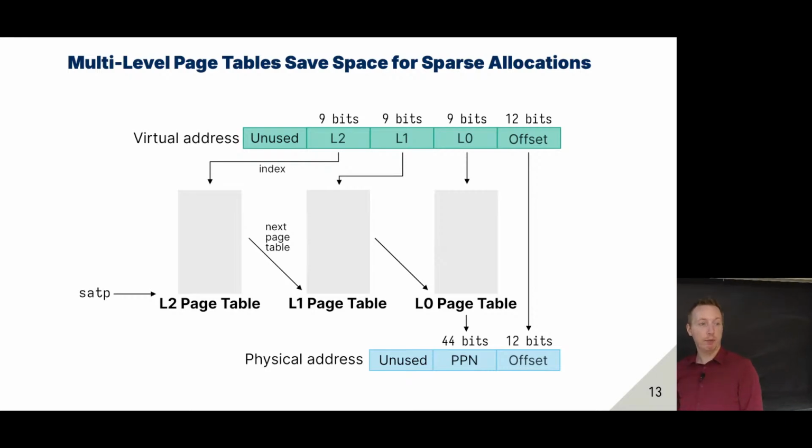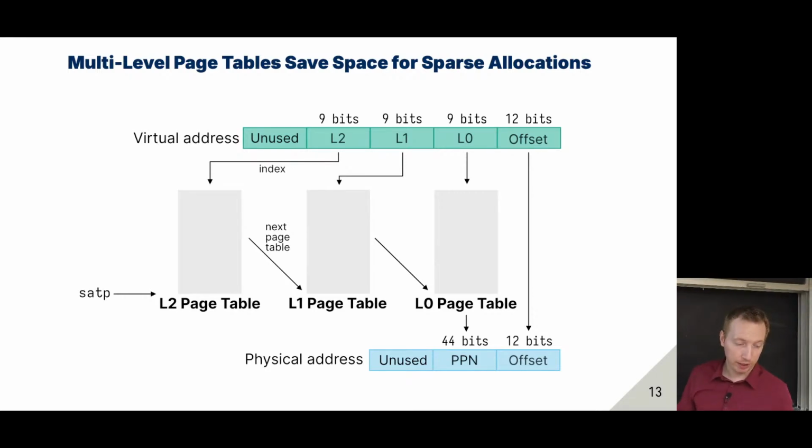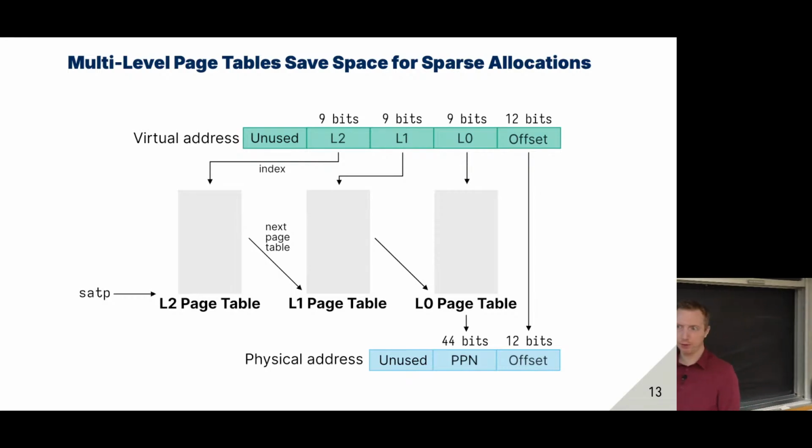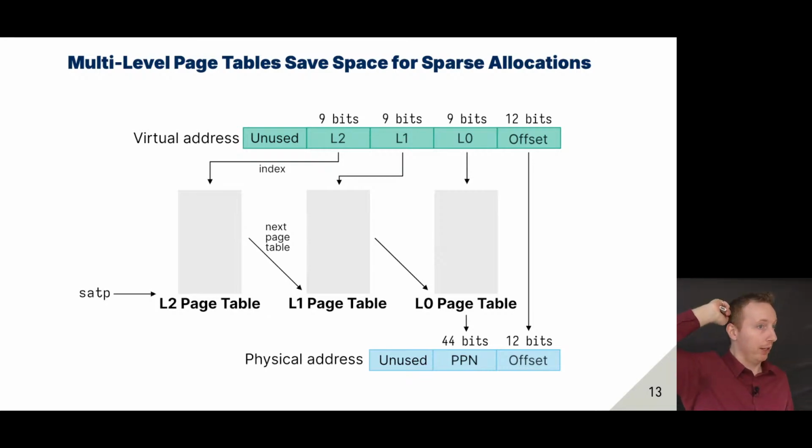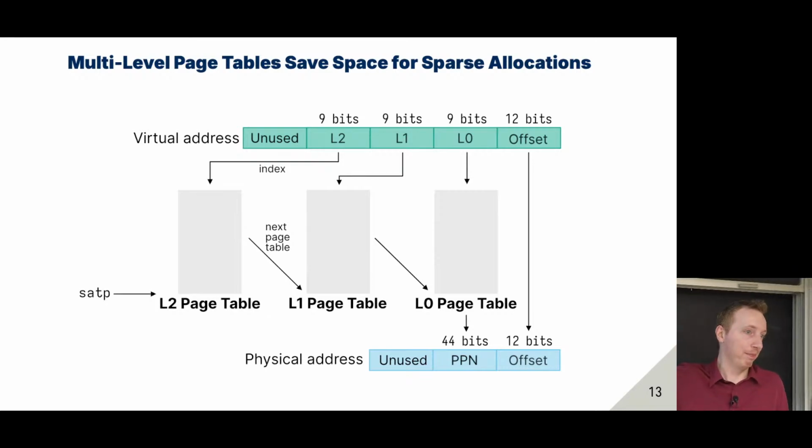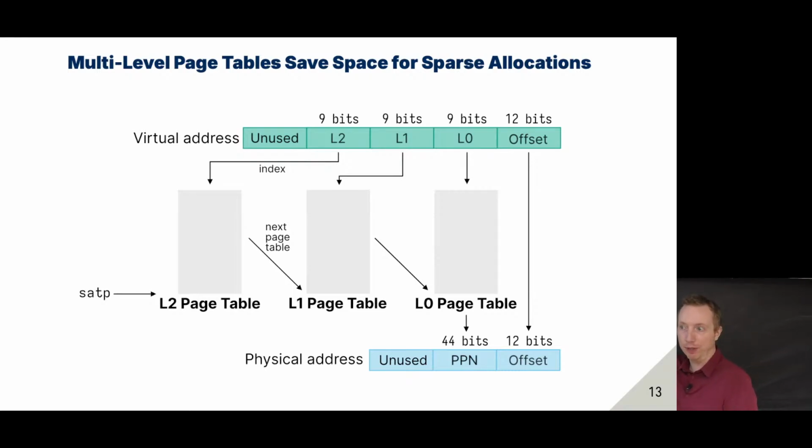And the reason why we have 3 levels of page tables is, well, we wanted to support, in this case, a 39-bit virtual address, right? 39, yeah. So this is a 39-bit virtual address. Why is it a 39-bit virtual address? Well, that's half a terabyte or 512 gigabytes, and that's good enough for most current processes.